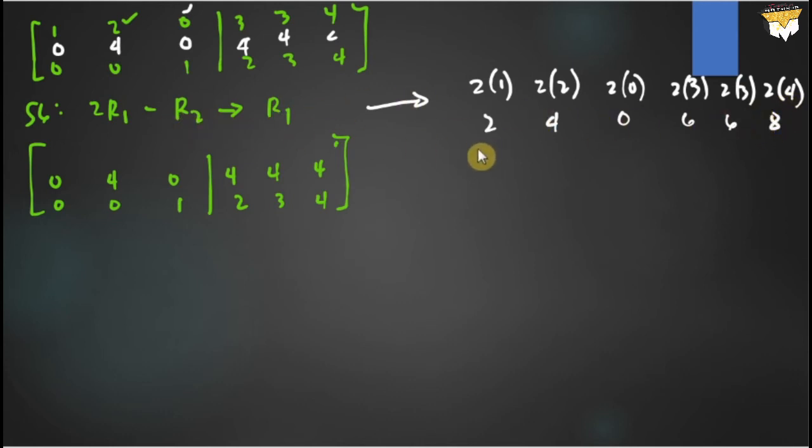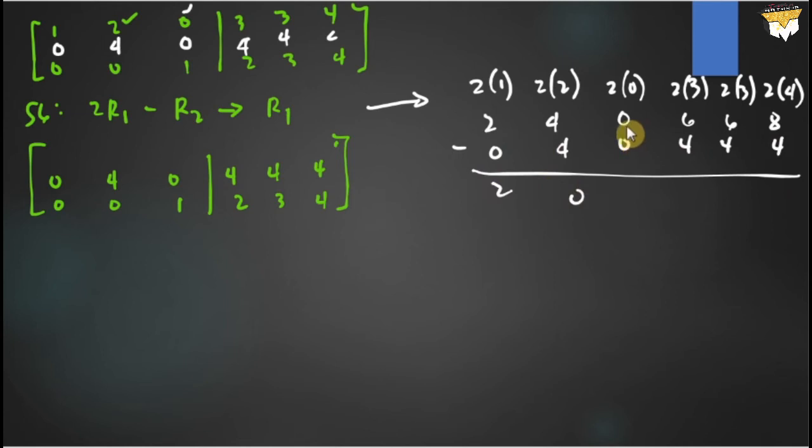Subtract daw natin si row 2. So, subtract natin. Ano ba yung row 2 natin? That's 0, 4, 0, 4, 4, 4. Okay, subtract natin. We have 2, we have 0, we have 0, we have 2, 2, we have 4. Okay, so palitan natin.